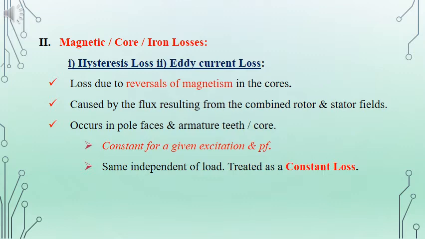And we know how they can be reduced: eddy current loss can be reduced by reducing the thickness of the laminations, and hysteresis loss can be reduced by going for silicon steel. These losses can be considered constant provided the excitation and the power factor are maintained constant. So the magnetic losses can be considered a constant loss.